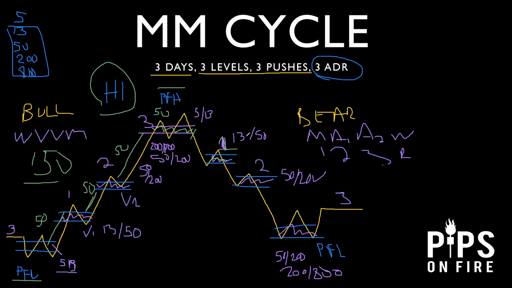You want to wait, and then the 13 and 50 cross happens, boom, take that down. Another ADR, 50 is done. Level 2, 50 ADR is done. And then level 3, you have another 50. And then now you're back in the range, consolidating, waiting for the cycle to begin, however long it's going to take.